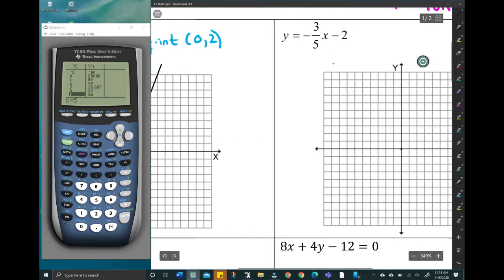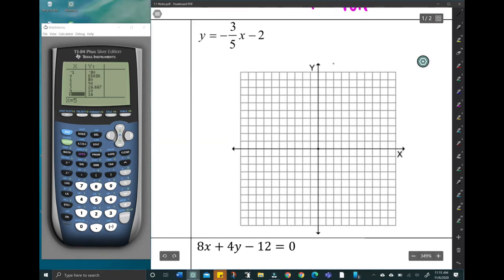Here is an example of another slope-intercept form. Only now the big thing is, notice that the slope is negative. So the slope is going to be, I would recommend always say negative 3 over 5. Then you know it's down 3, and to the right 5. Conversely, you could also say it's up and to the left.